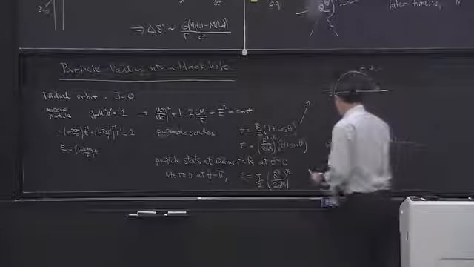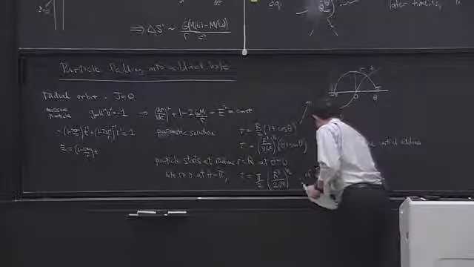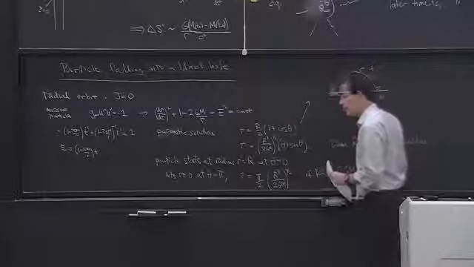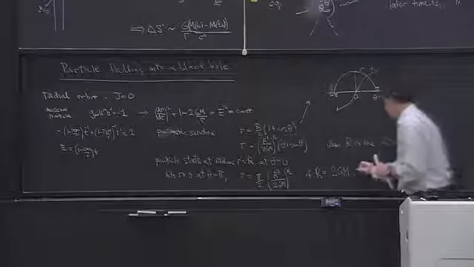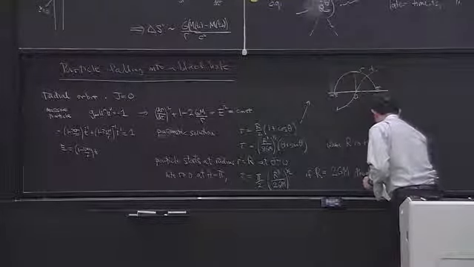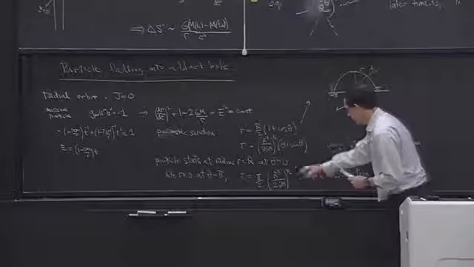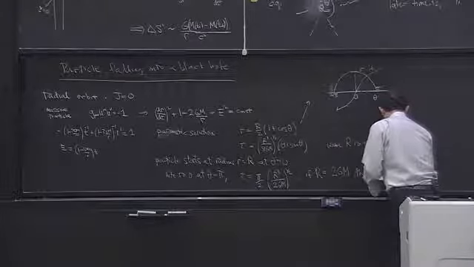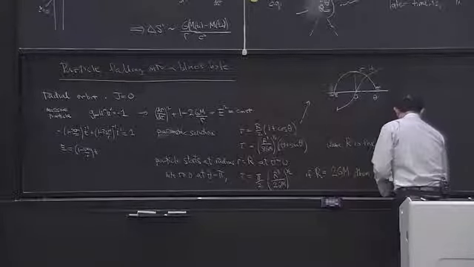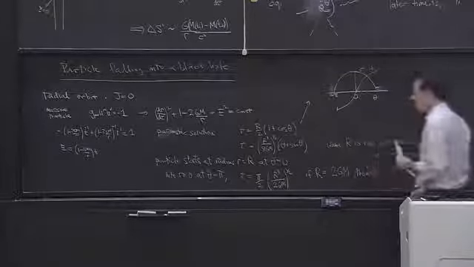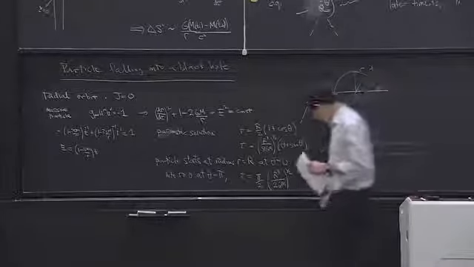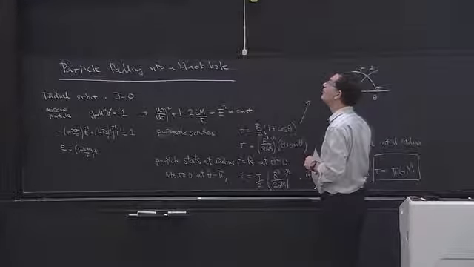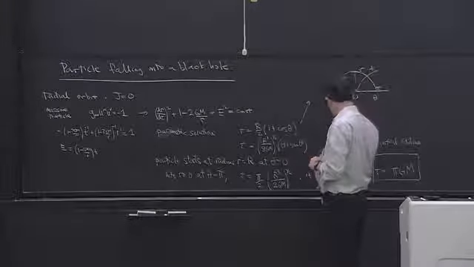And so in particular, if R, the initial radius, is equal to 2GM, the Schwarzschild radius, then tau is equal to pi GM. Okay, so that's the proper time it takes you to fall to the center of the black hole.